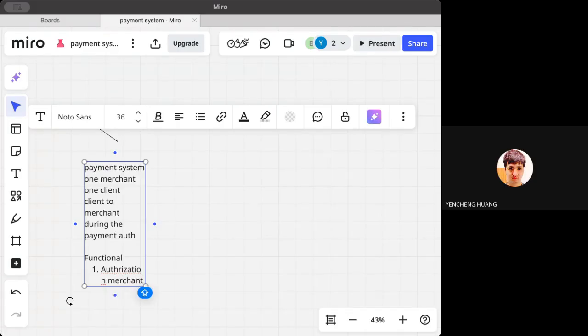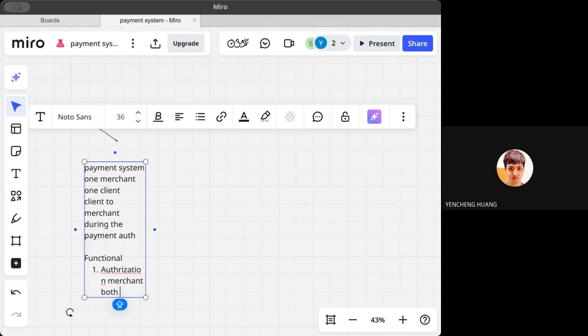You mean authentication like merchants verifying their identity, right? Yeah, for both sides, clients and merchants, we need to verify their identity.